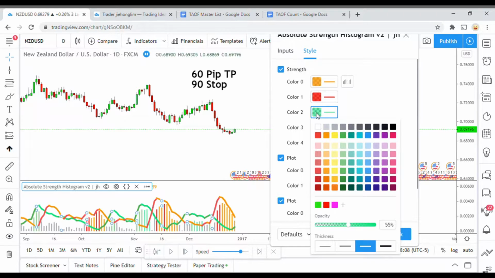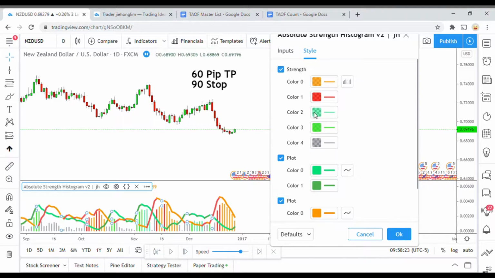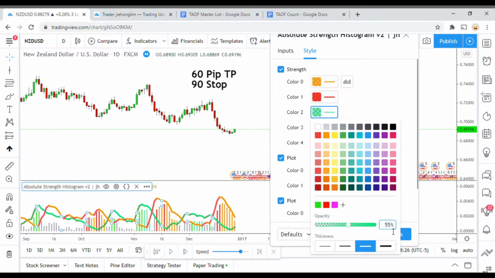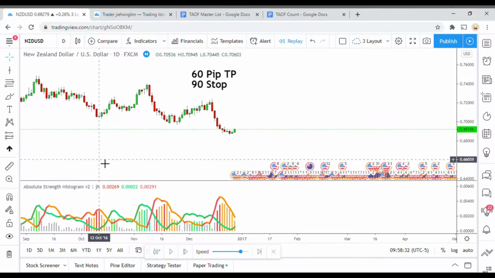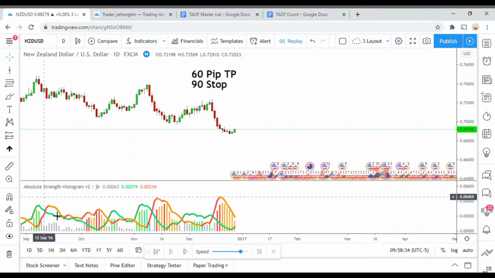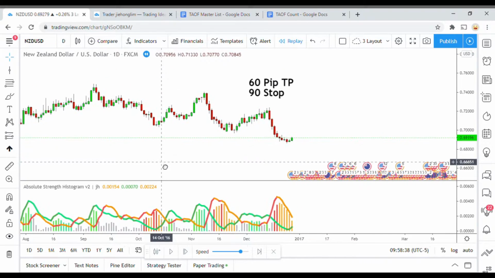Let's see, is it this one or this one? It's this one here. I'm going to put that one on 80, and we are also going to change the color. And then that one on 80. Okay, there we go. So now we have the actual histogram a little bit easier to view.